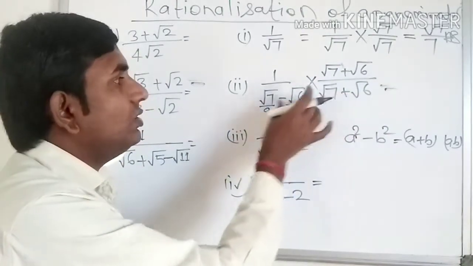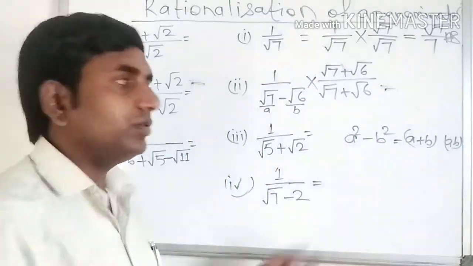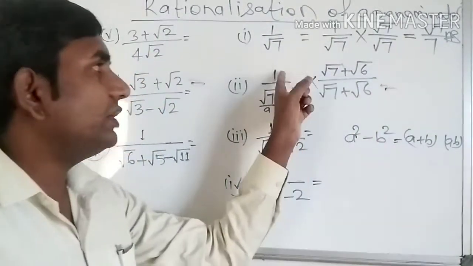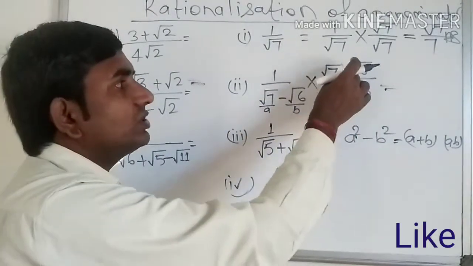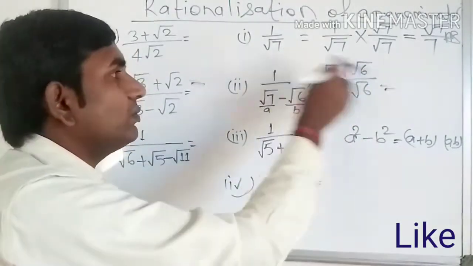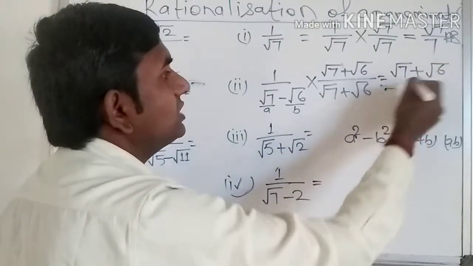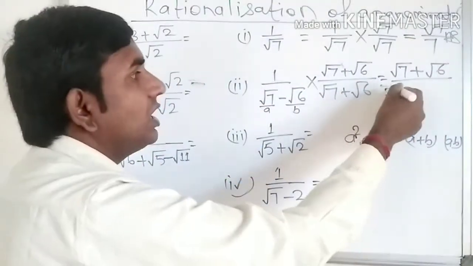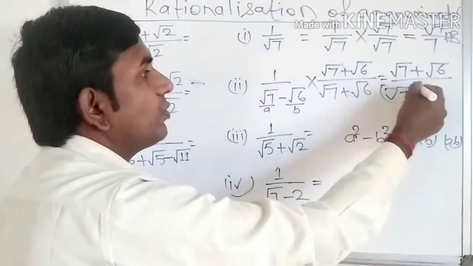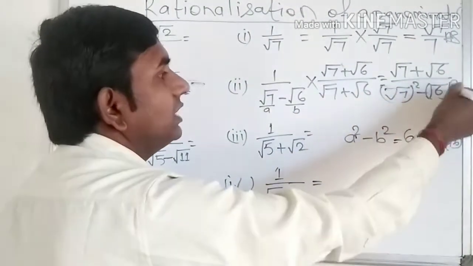Now the denominator becomes the form a square minus b square, and if we multiply root 7 plus root 6 by 1, we get the same, root 7 plus root 6. Now the denominator becomes root 7 square minus root 6 square.